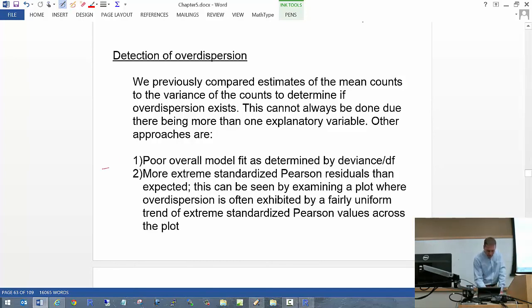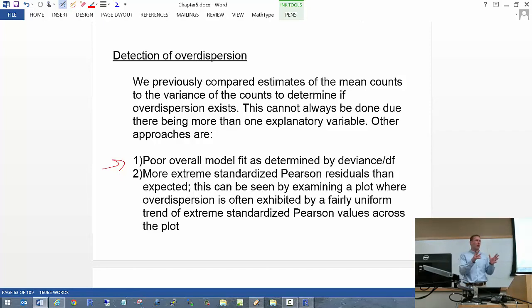So first of all, if you have overdispersion, you might think an overall goodness of fit statistic is going to make that evident, meaning that deviance divided by df, the degrees of freedom, is going to be large because you have more variability than what you expect.